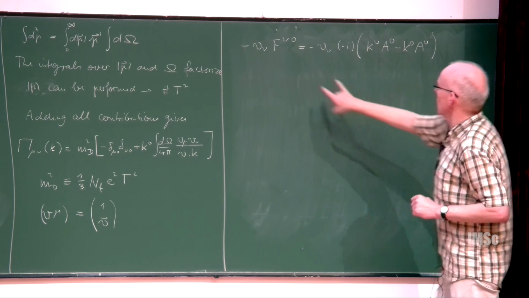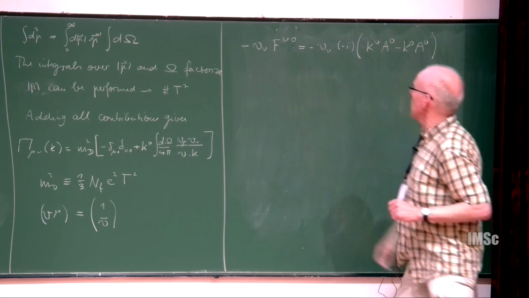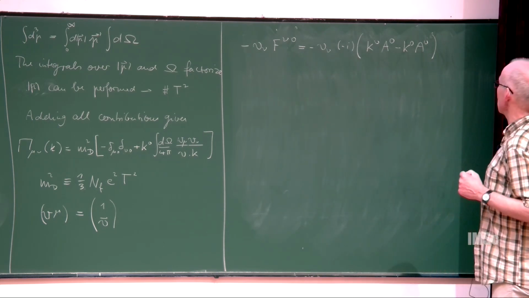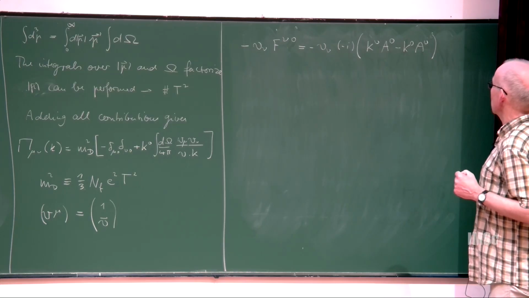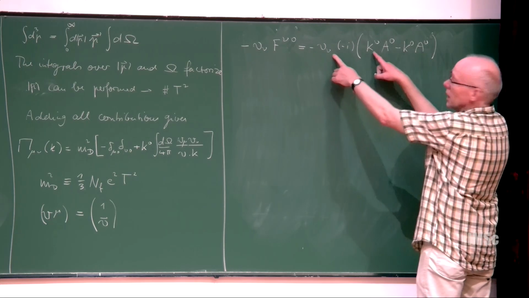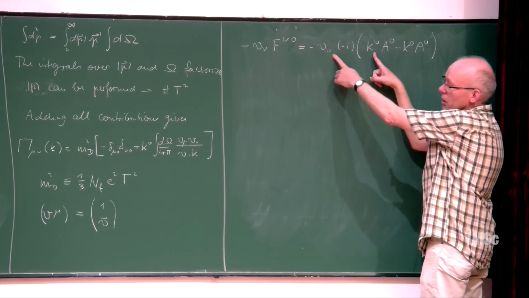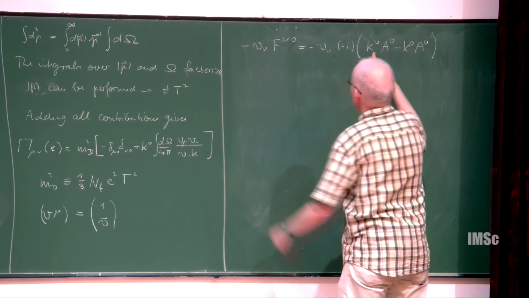Yeah, this here is the electric field Fourier transformed. And now we see here v_ν k^ν is v·k, which appears here also.